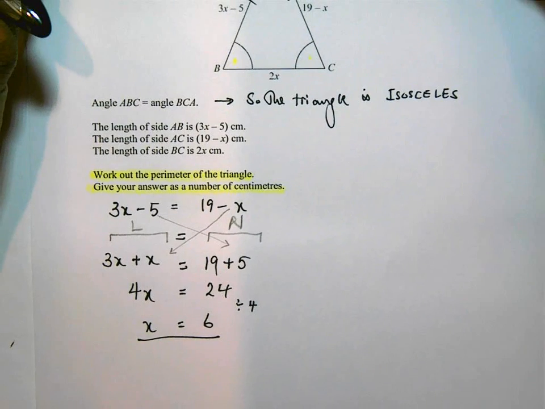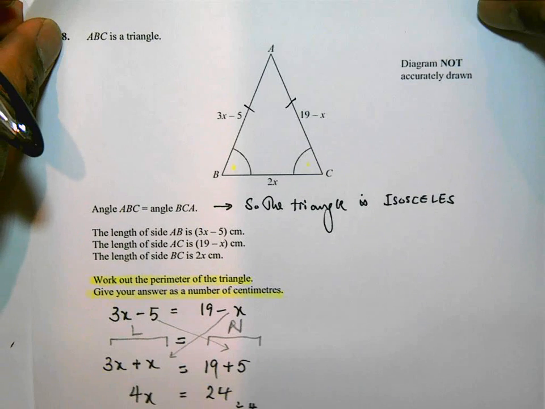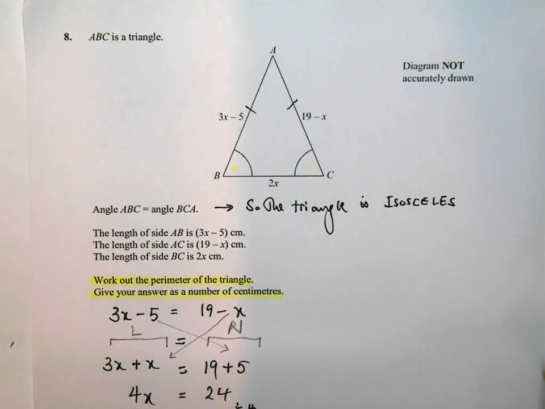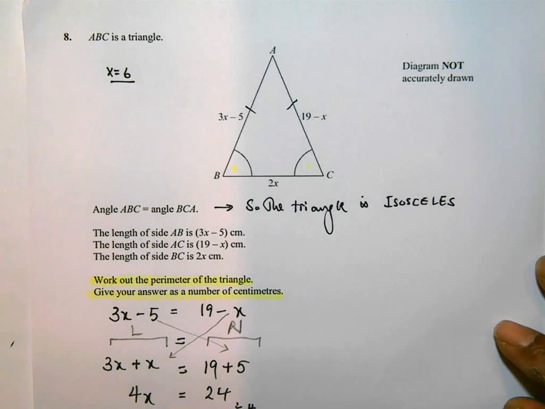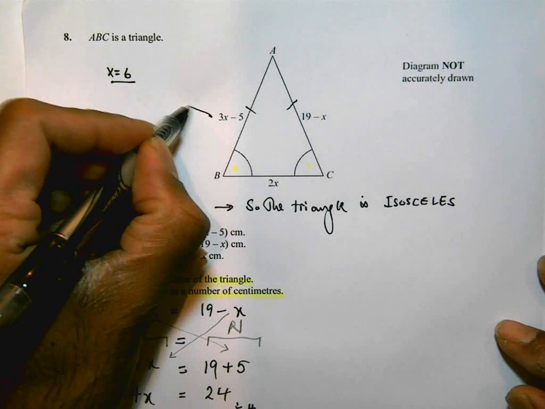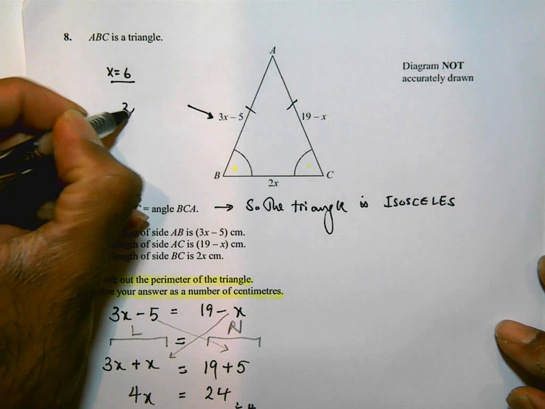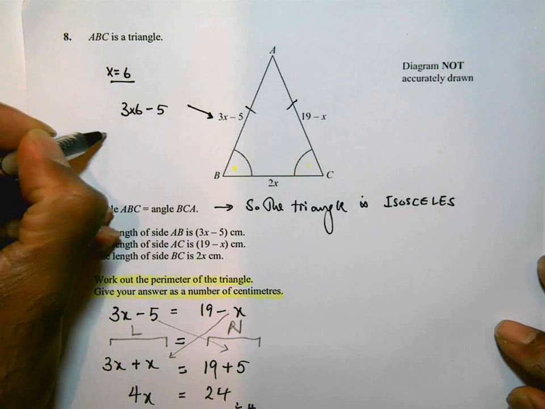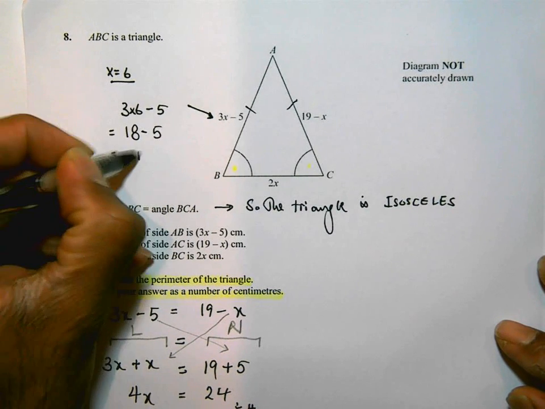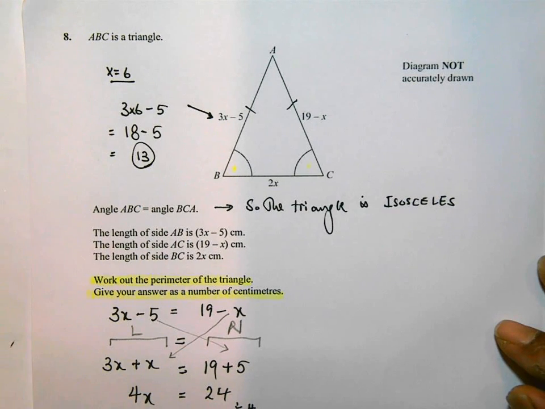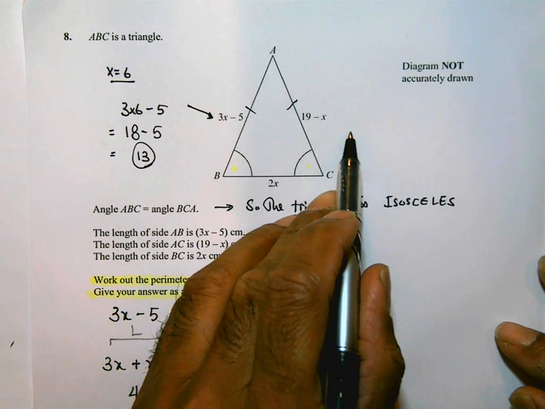Because x is equal to 6, this distance here is going to be 3 times 6 take away 5. 3 times 6 is 18. 18 take away 5 is 13. Because it's an isosceles triangle, this side here would be exactly the same, but let's just show that. To work out this side, it's going to be 19 take away, and remember, x is 6, 19 take away 6 is 13.